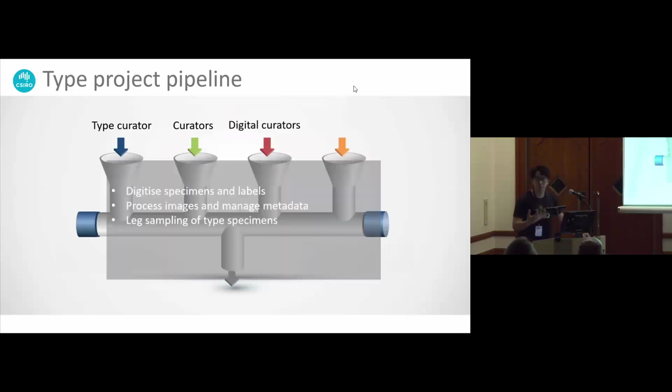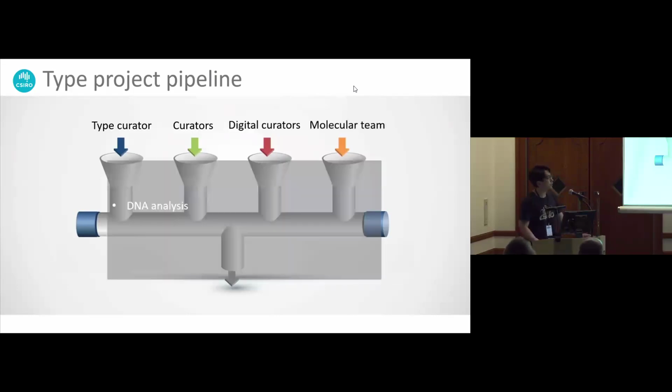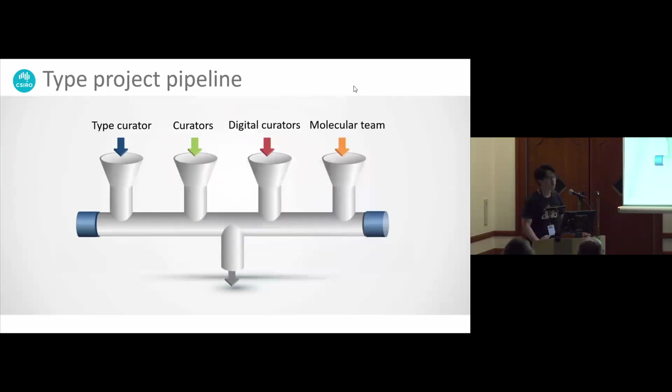Then we have the imaging team, the digital curators, responsible for photography, databasing, photoshopping and other digital work, and some trained staff also do leg sampling for DNA analysis. Then we have the molecular team that does any DNA work. So pretty much all of the teams in ANIC, along with the scientists, contributed to this grand type project.